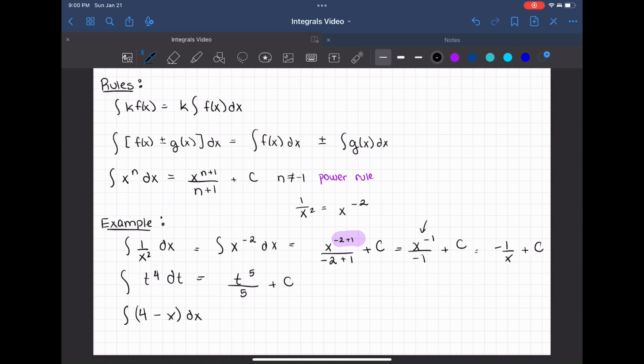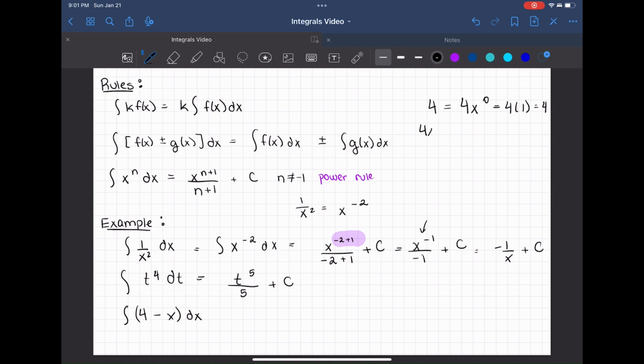Now you may be wondering, okay, we don't really have a rule for that. But technically 4 is the same thing as 4x to the 0. Because x to the 0, that's just going to be 1. And 4 times 1 is 4. And again, we can use the power rule on that.